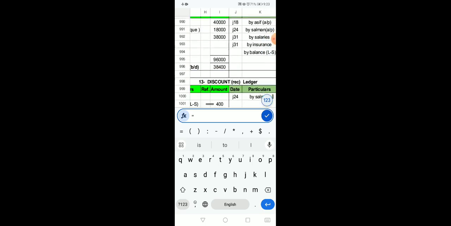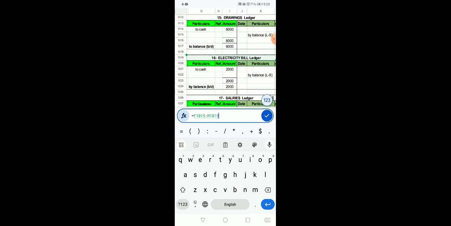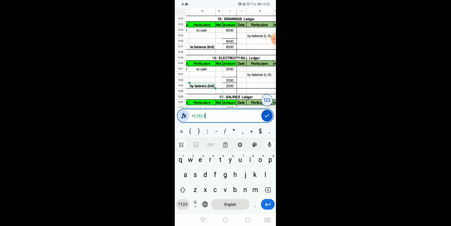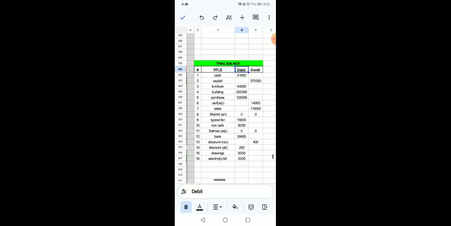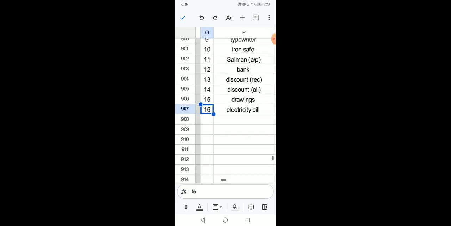It was here, you have your ledger electricity bill. Okay, the balance is brought down on the debit side. The amount is 2,000. Since the balance is brought down on the debit side, we will choose the same debit side in the trial balance. We write 2,000 in front of electricity bill. So debit side, electricity bill, and we have written 2000. It means posting for the 16th ledger is completed.